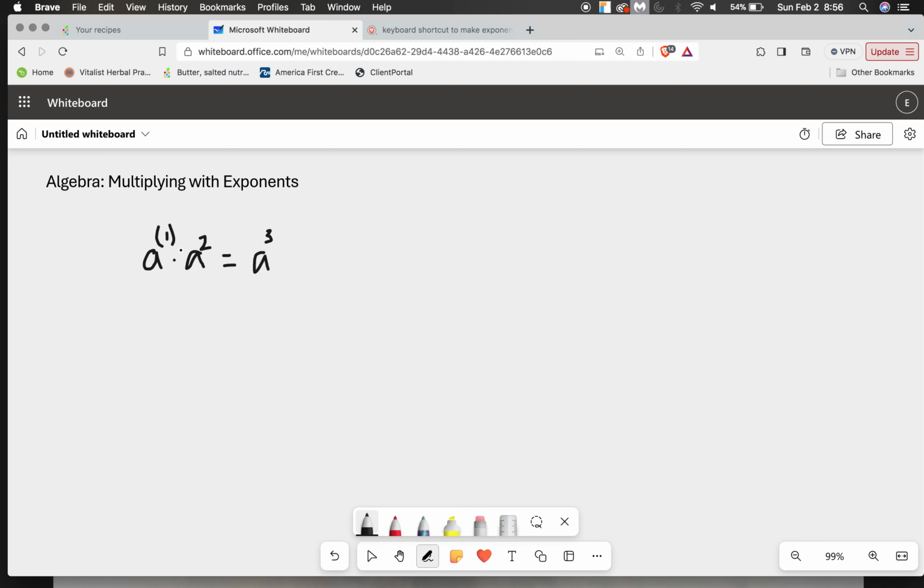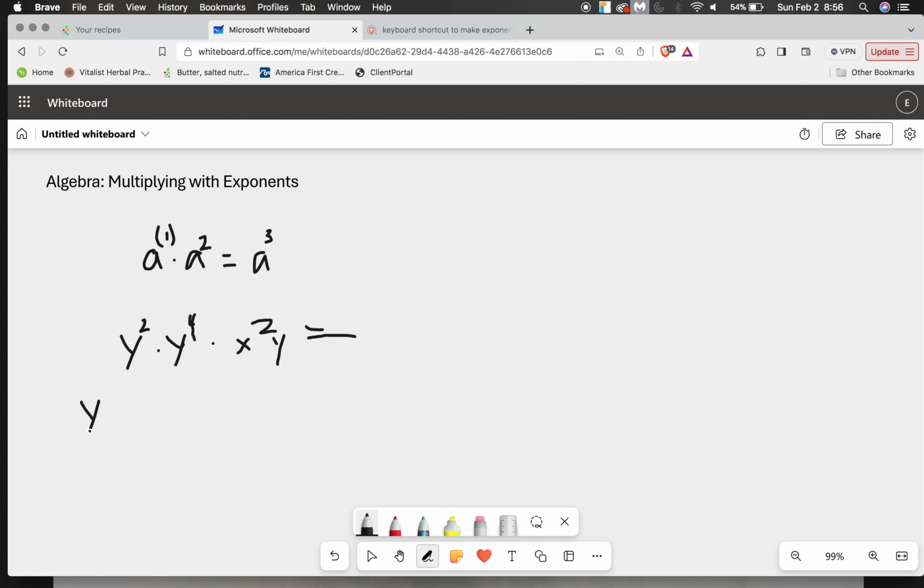Let's do one more. Let's do this one. So we have y squared times y to the fourth times x squared y. What's the answer to that one going to be? Well, if you want to write it all out, you can.